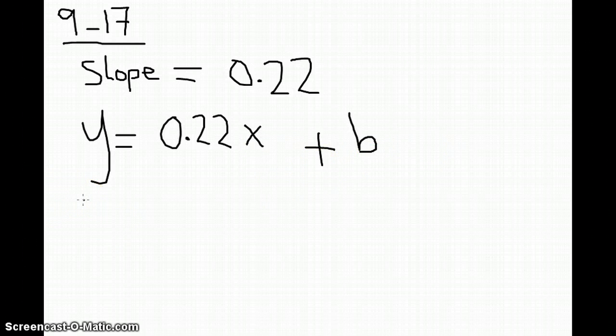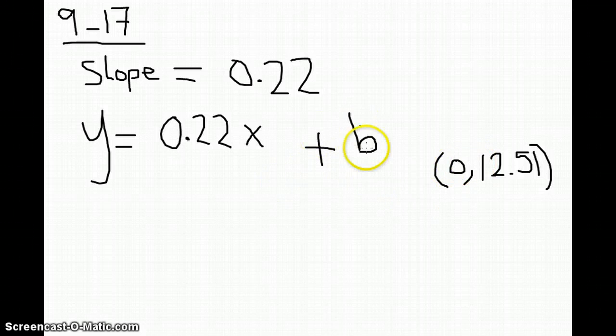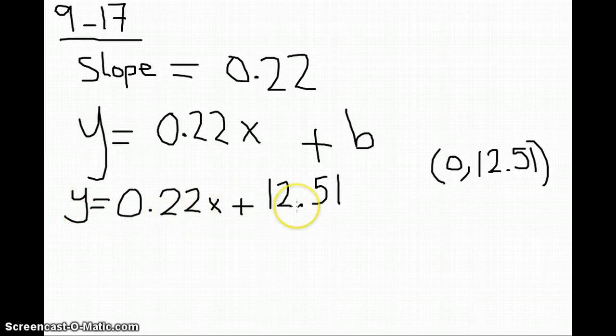If we use the years as I did in my graph, as 0, 1, 2, 3 instead of 1970, 1971, 1972, making 1970 equal year 0, and x represents the time, then if you put x as 0 and use the point 0, 12.51, your b is 12.51. So your equation is y equals 0.22x plus 12.51.